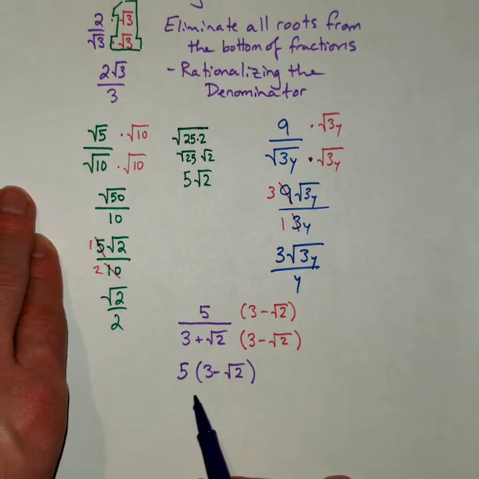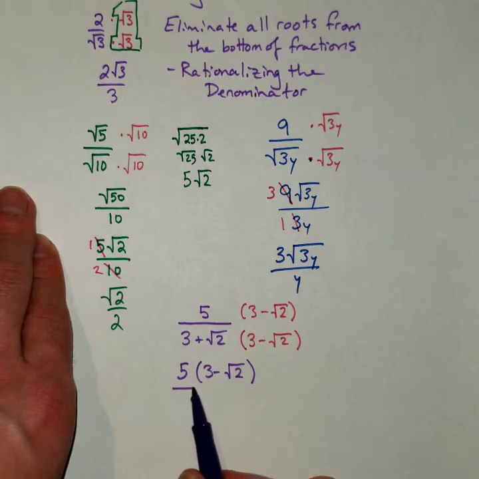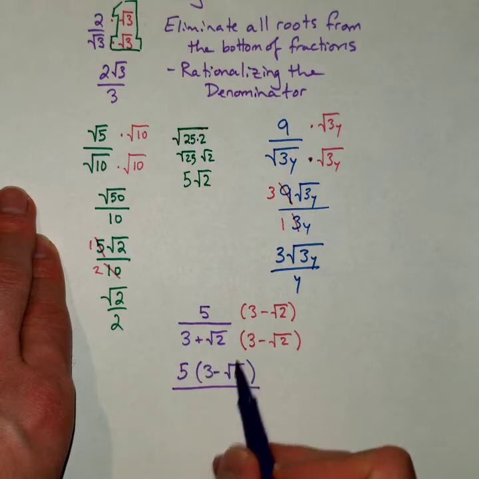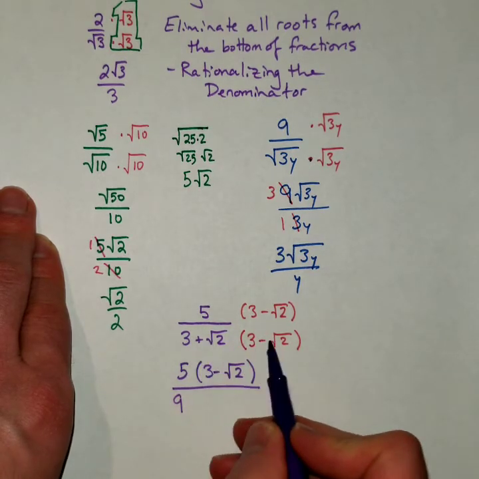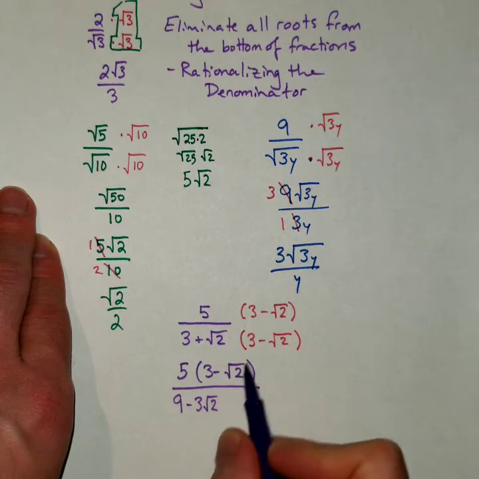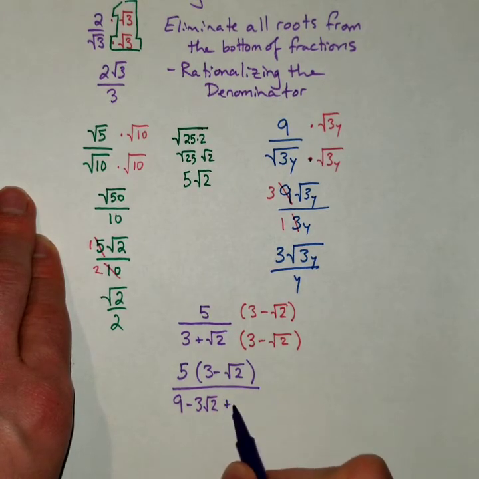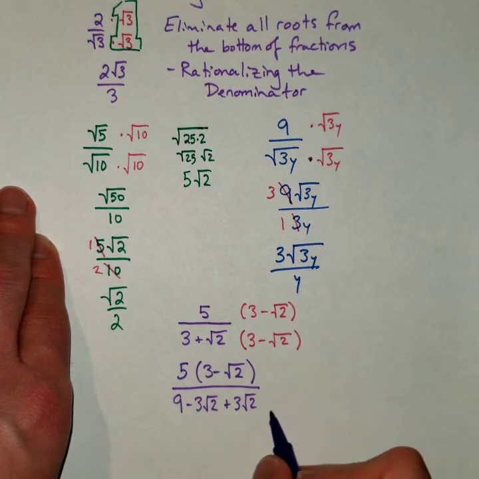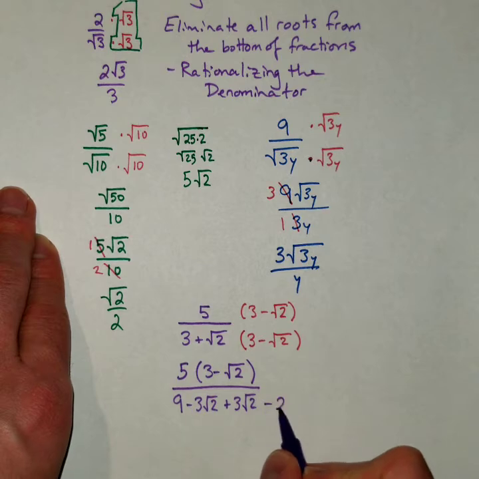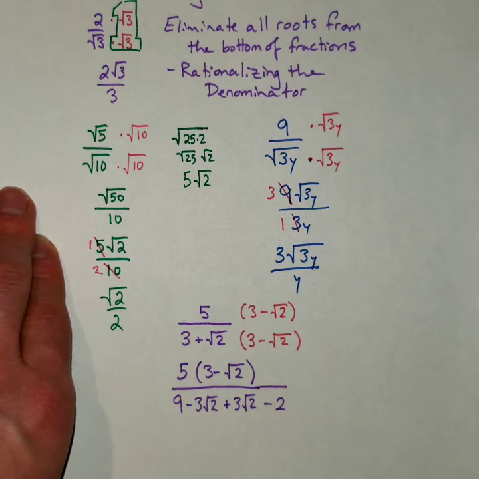I'll show you shortly. On the bottom, I'm going to actually distribute. So 3 times 3 is 9. 3 times negative root 2 is negative 3 root 2. Then root 2 times 3 is plus 3 root 2. And then root 2 times root 2 is a 2 with a minus under. So that is a negative 2.